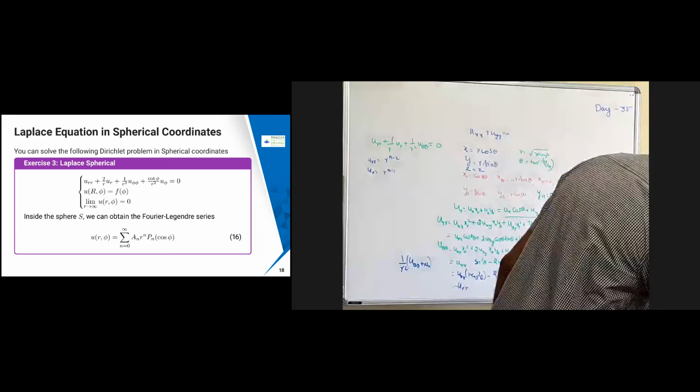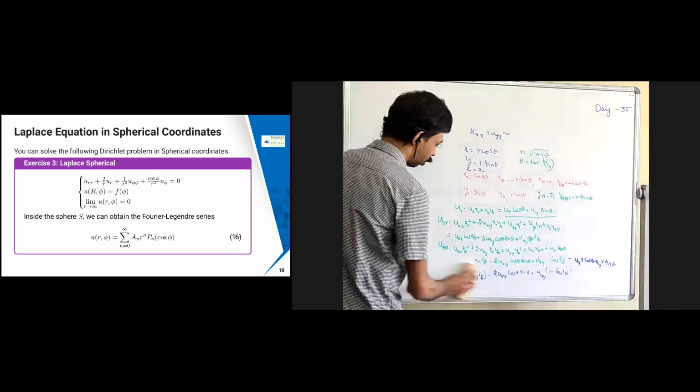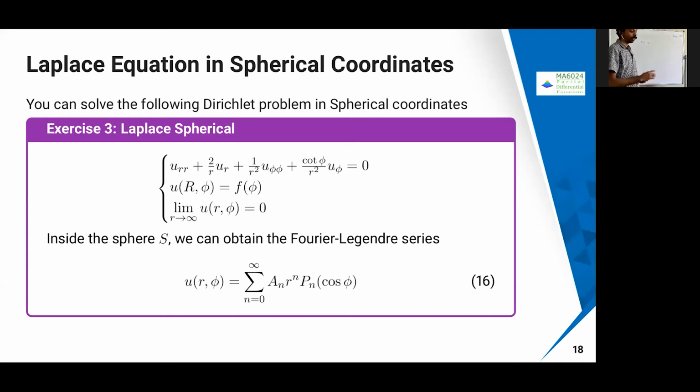Have you studied the Legendre polynomial in the ODE course? Using that Legendre polynomial, you can write the Fourier-Legendre series. The Fourier-Legendre series is going to give you the solution for the Laplacian in spherical coordinates. So let's forget about that.